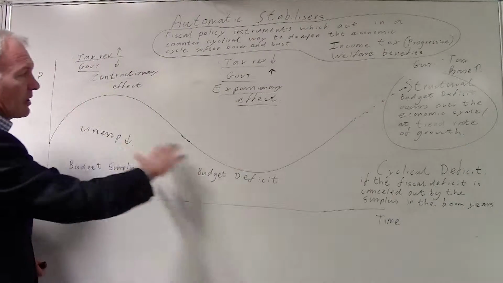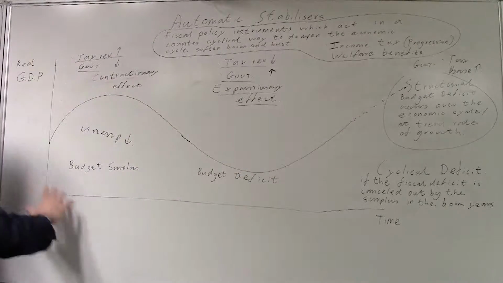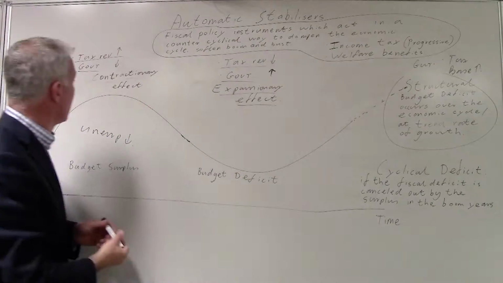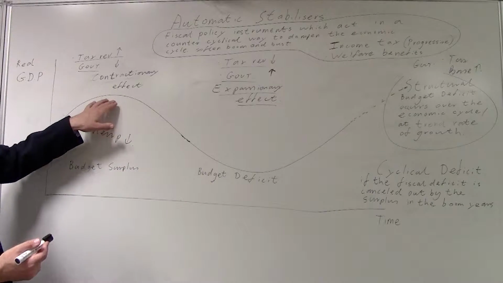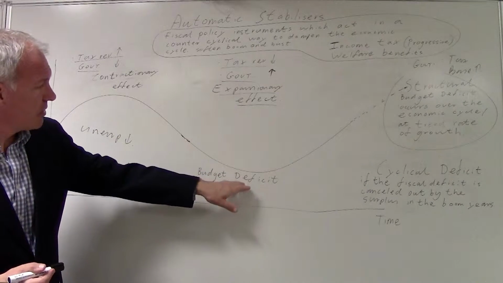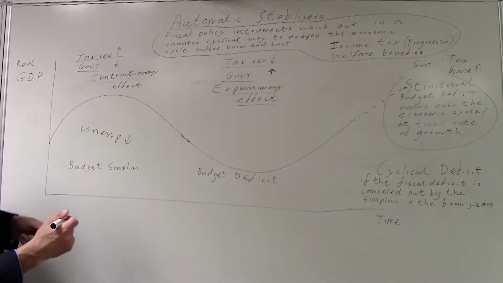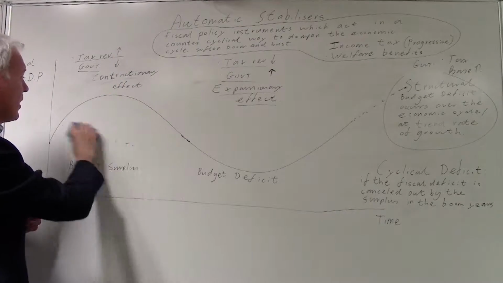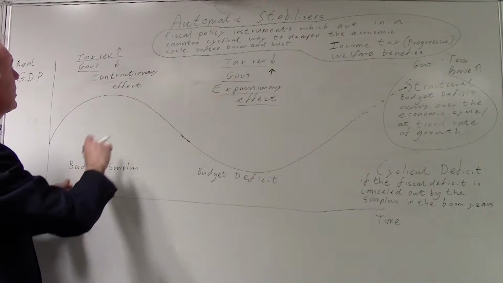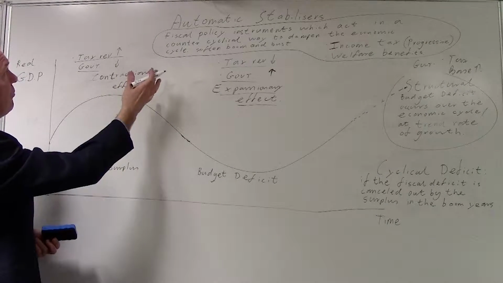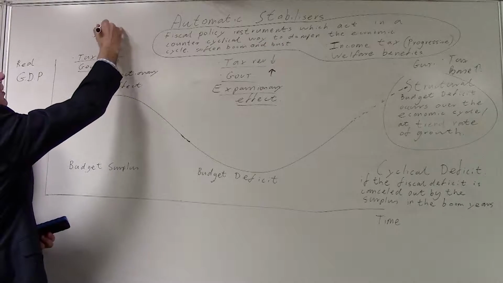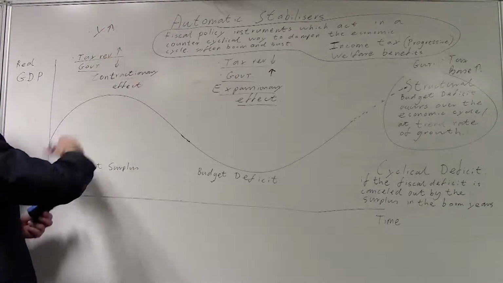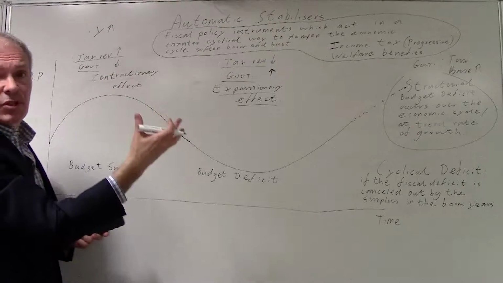If you've got our economic cycle here, so we've got real GDP, you've got time on the bottom, and so we've got our boom and we've got our recession and slump here. Then when you have a boom, there's going to be economic growth, and people's incomes are going to tend to go up, and therefore they'll tend to pay more tax revenue.